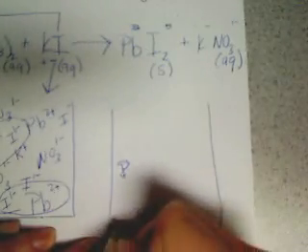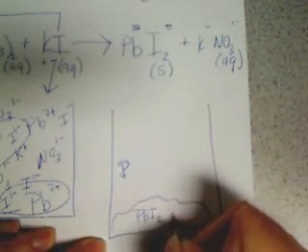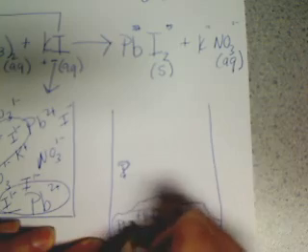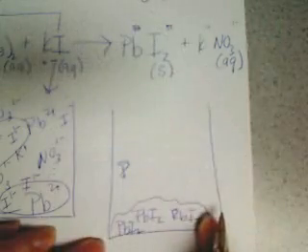So these are going to form a compound, so that your solution ends up looking like this. This is going to be my solid here at the bottom, and this is a whole bunch of PbI2. Now the question is, what's left up here?